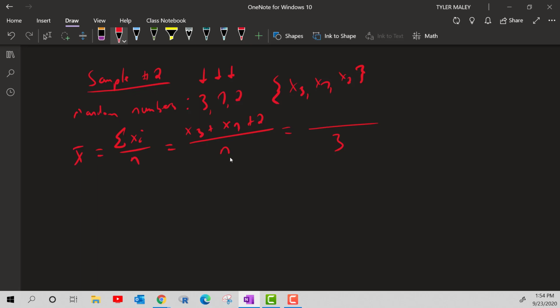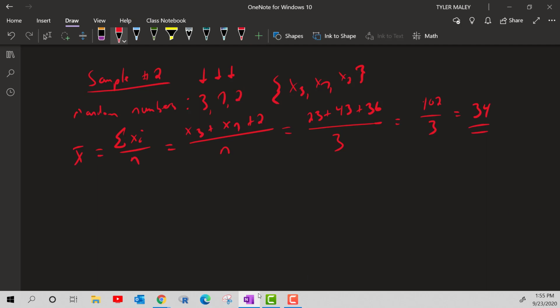So x sub 3 from our data set was 23. x sub 7 was 43. And x sub 2 was 36. Then I can add those together and get 102 on the top divided by 3. And we get 34.